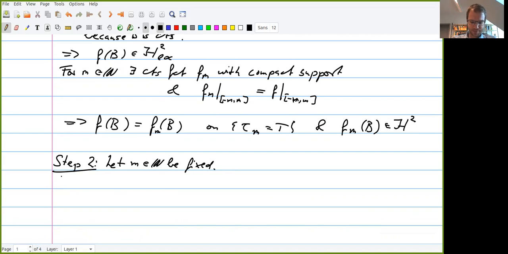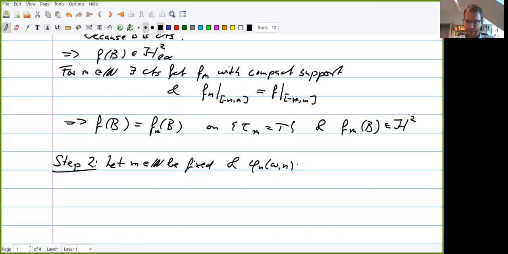So then we want to introduce simple functions which approximate this function f_m applied to the Brownian motion.